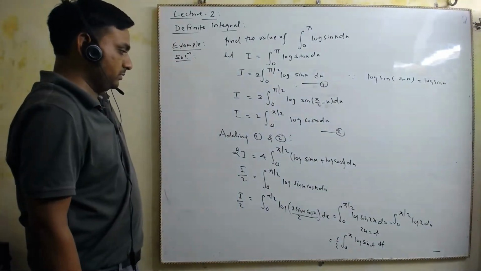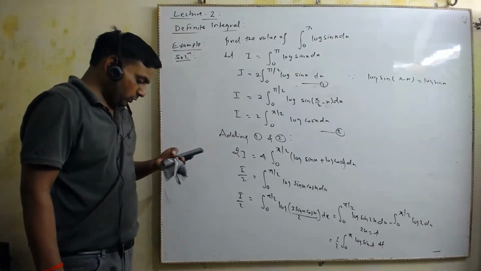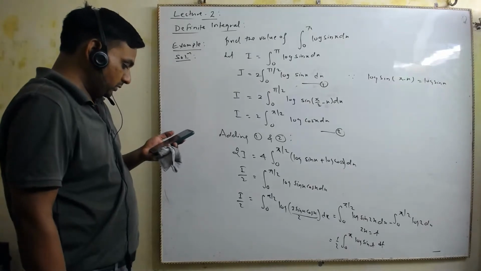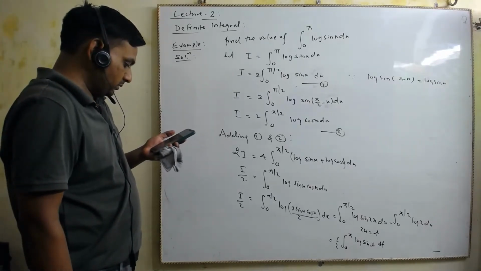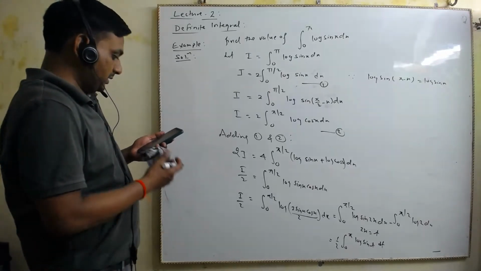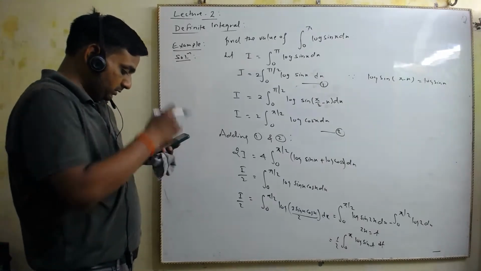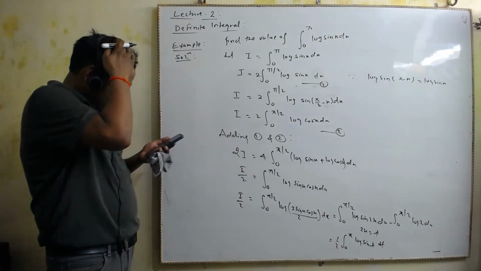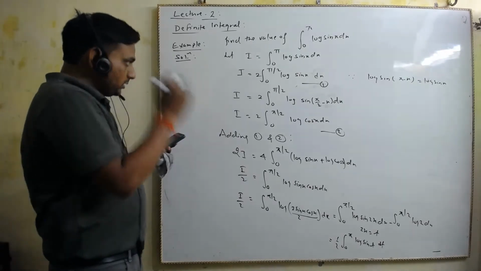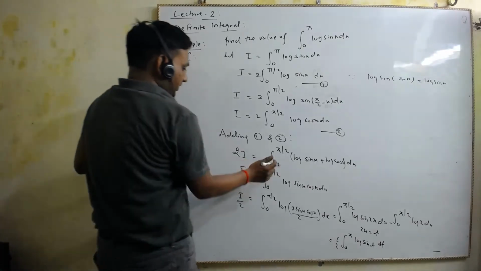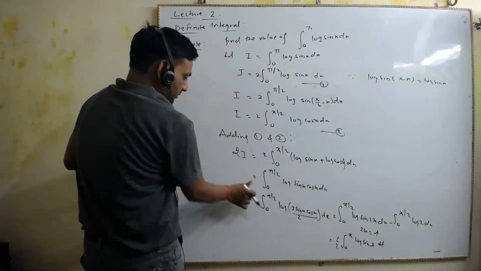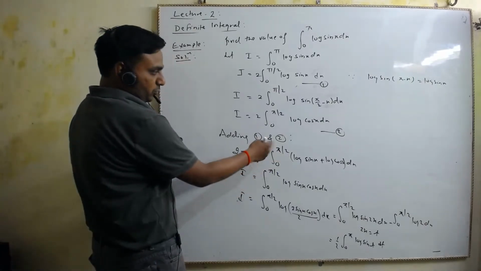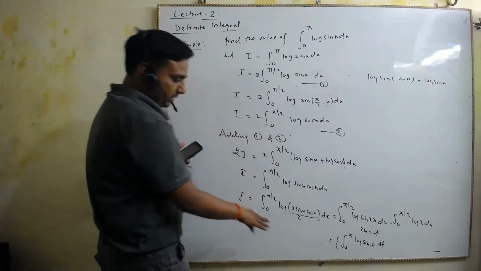What is happening here? Wait a minute. Where did 2 to 4 go? I am sorry, that is 2 only, so that is I. 2 is taken as common, right? 2 plus 2, so 2 will be out.